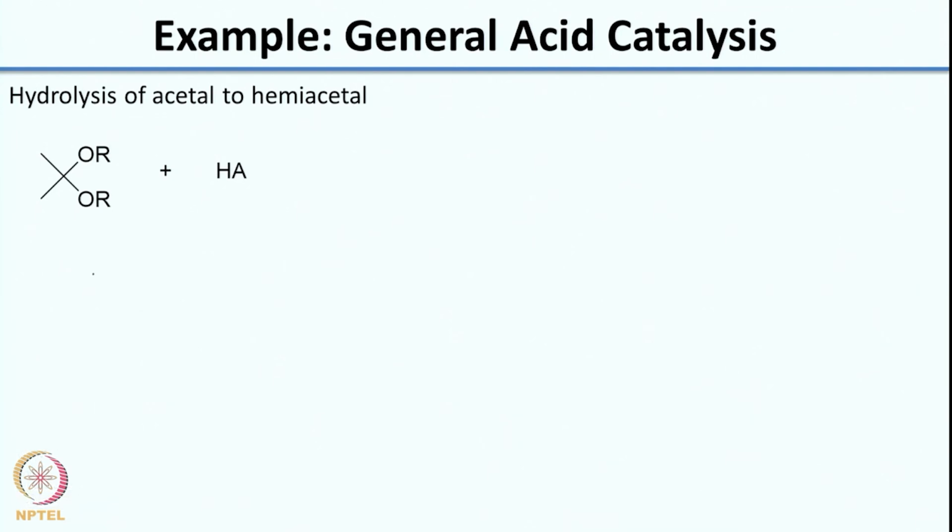When you think of general acid catalysis, this is your acetal, and now you would have this coming in. As you know, RO minus will not be as great a leaving group. So, what you would do is, you would have this being protonated at the same time.